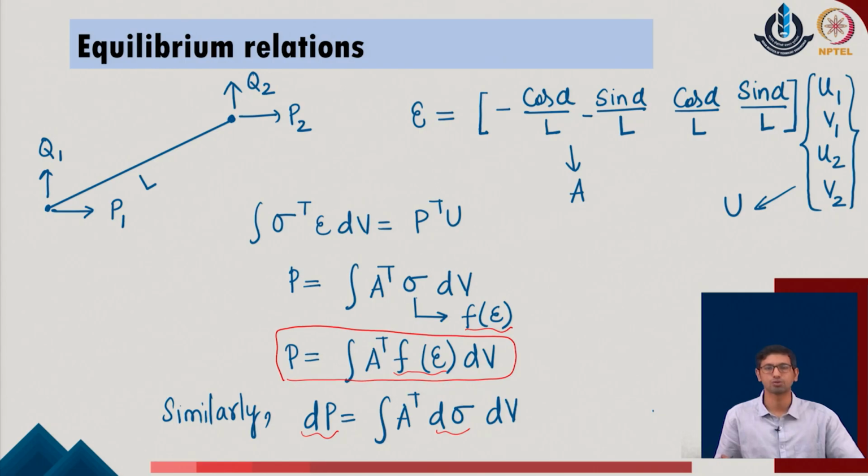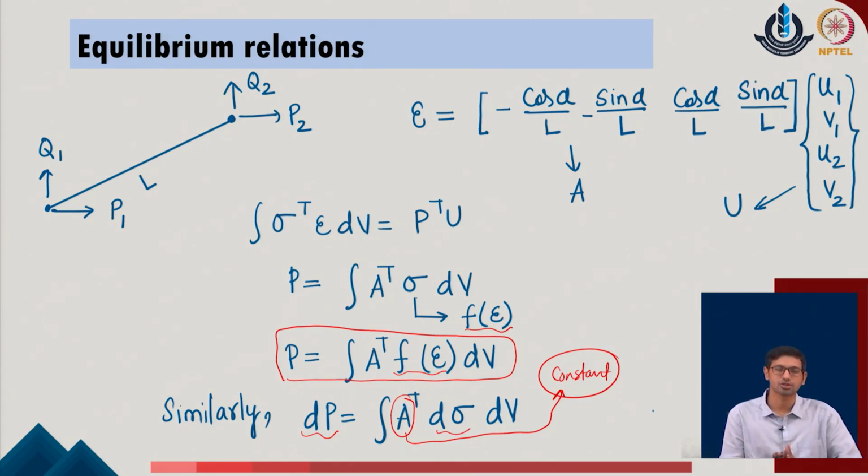At this point, one has to be very careful with one point: A, which has been defined over here, has been considered constant, which means that the user has already considered that geometrical nonlinearity is not present in the given system. That is why, when we took the small change in the P parameter, we did not take any change in the A parameter. You may go back to the discussions we did on the geometrical nonlinearity of the given system.